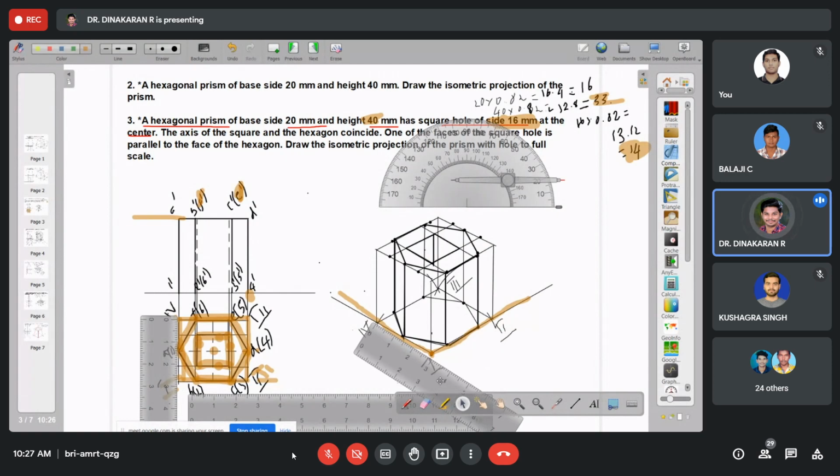Same 28 is converted. After that, in this direction 4 to 3 is also 31 mm. Then this 2 to 3 is also 28 mm. After that, I make a small box.